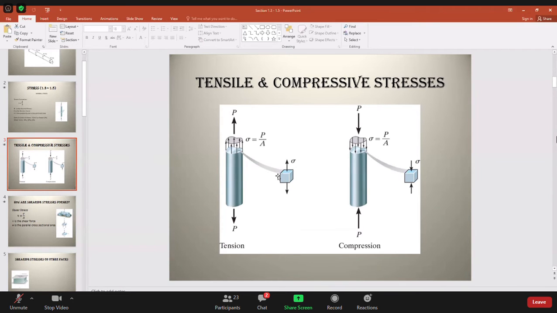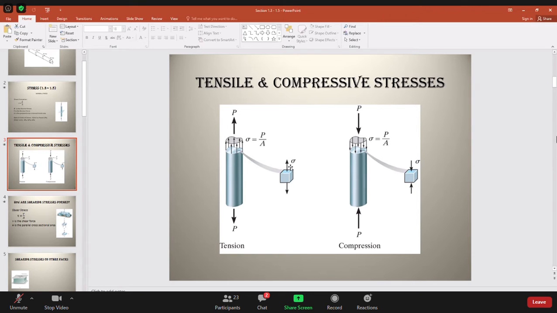That's what I'm trying to say: whenever you have a sigma on one face of your member, there will be an equal and opposite stress on the opposite face to keep it balanced. So you always show them as pairs for members which are in equilibrium.